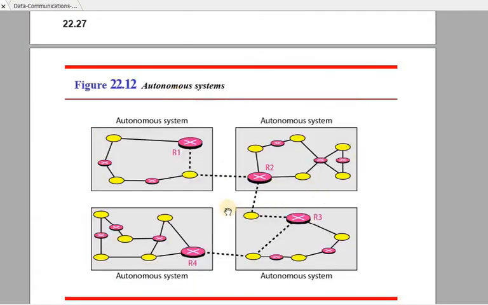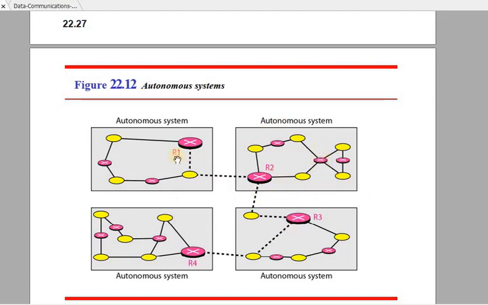This is the diagram we have. If we consider one single gray box, it represents a single autonomous system. Multiple machines and routers are available here, and if we combine these autonomous systems, it becomes the internet. Each of these autonomous systems is governed by a single administrator. Autonomous itself indicates that sole administration or sole control is enabled.